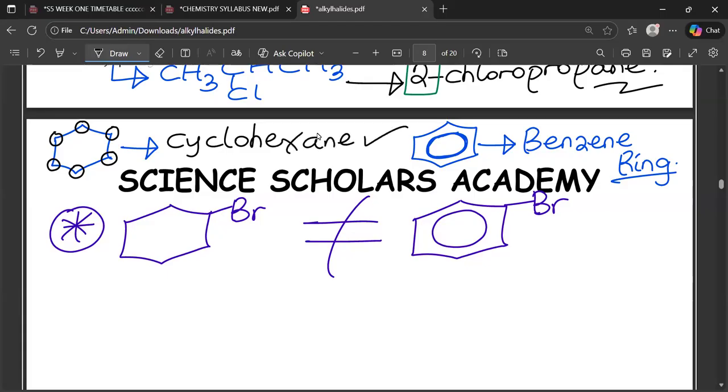I told the nomenclature of those things in earlier topics. So the benzene ring is very clear. Even the cyclohexane. Why hexane? Because it's the hexagon. It has only single bonds between those carbon atoms in a ring. That's why it's hexane. Why cyclo? The carbon compounds are arranged into a ring of carbon atoms.